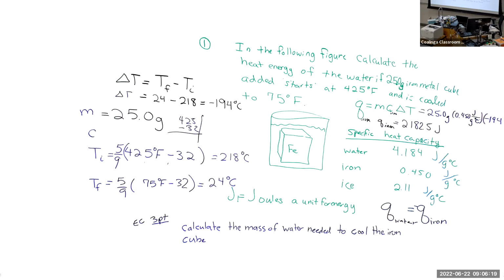So how many sig figs should I have? 1, 2, 3. Then my answer should be three sig figs. Okay, so then for the water, I just plug this in for my Q water.